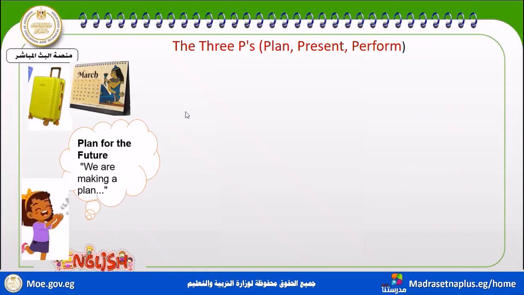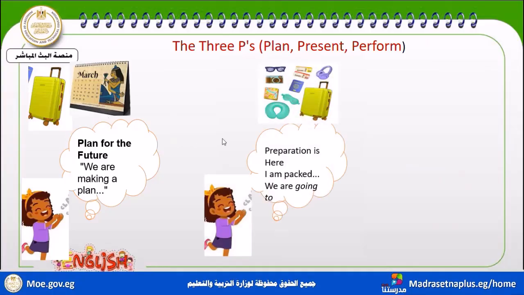So this lady is making plans for the future, which will take place in March. So what do you think her plans are? Look at this photo. Yes, her plan is going to travel.